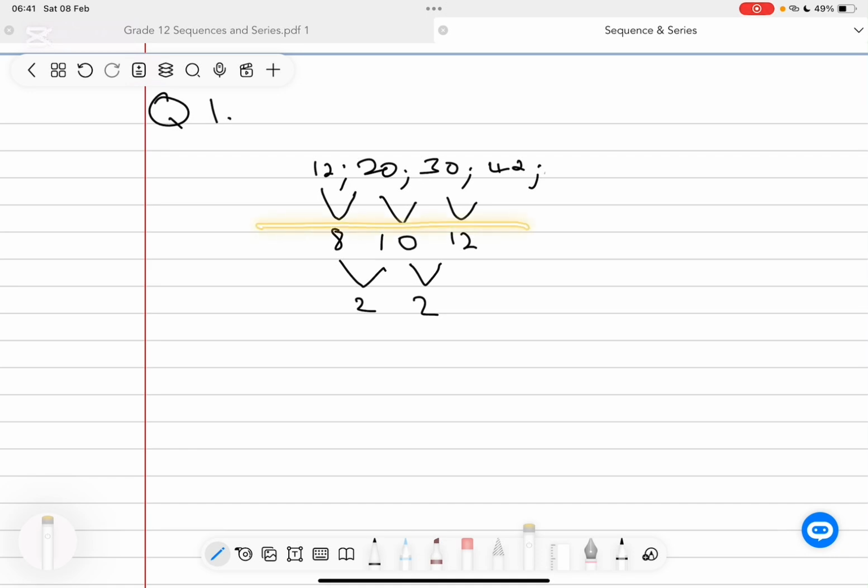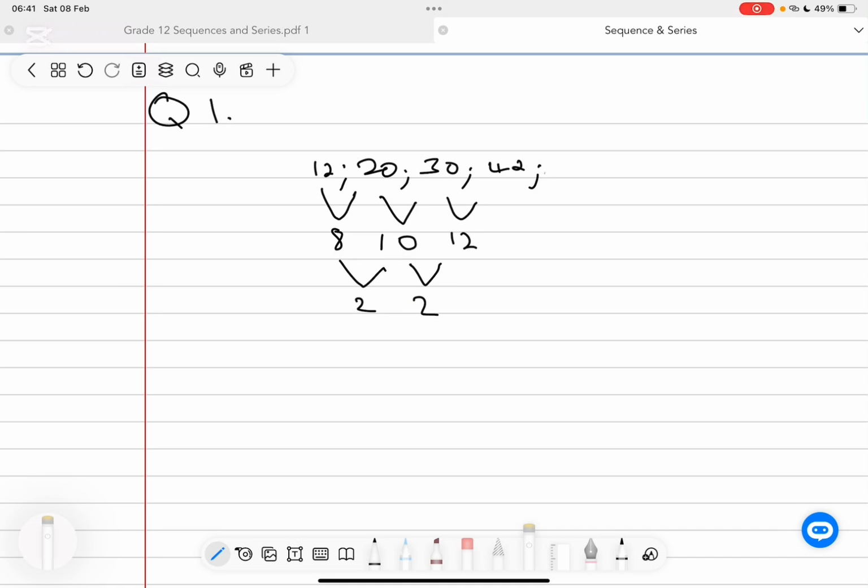In an arithmetic sequence, if we say 8 plus 2, we get a 10. And that's how we have been extending the sequence to get the next term. If we take this 10 and add a 2, it gives us a 12.